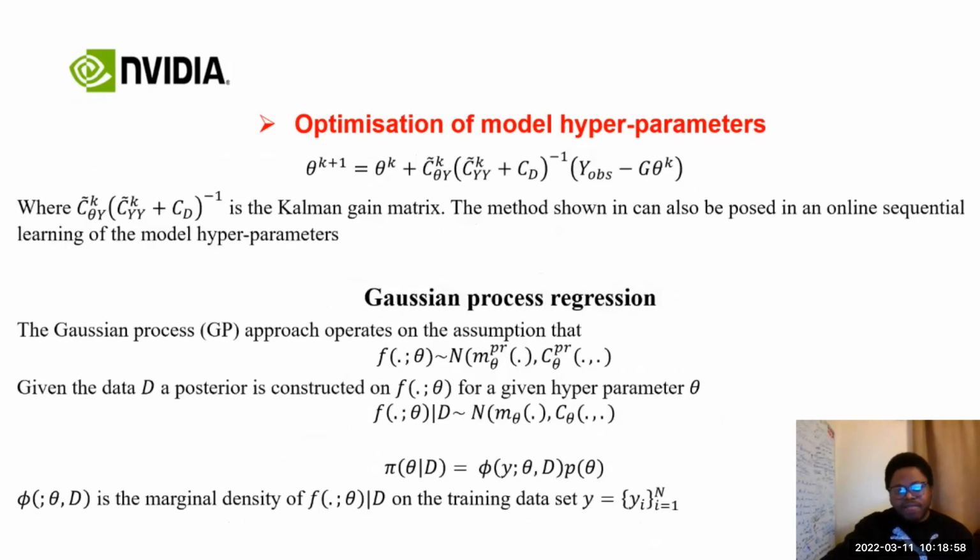You can have the update term in terms of the covariance itself. So you get rid of the Jacobian matrices and you just use the covariances to update your theta for the next time step. K is your iteration count. This would stop according to the number of iterations, or if you've converged or reached a certain tolerance range.